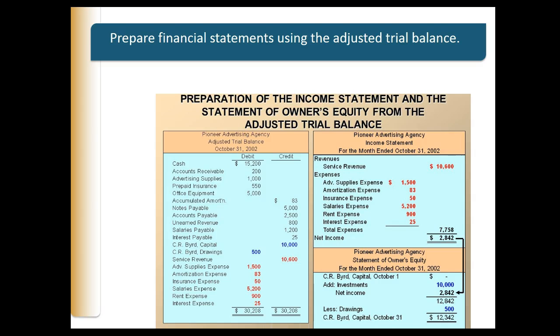Based on this adjusted trial balance, we gather the information for the income statement, and then we gain the information from the adjusted trial balance to complete either the statement of owner's equity or the shareholder statement.